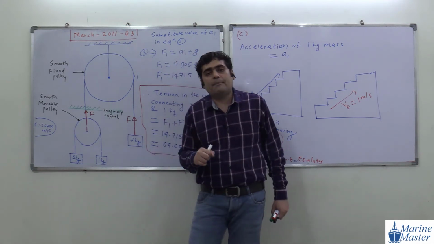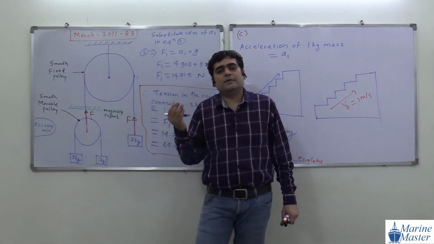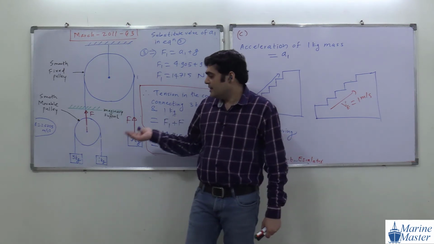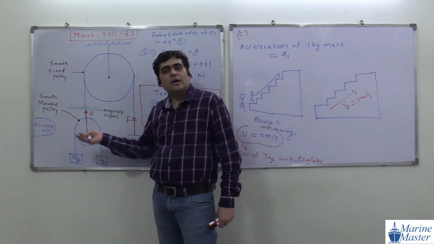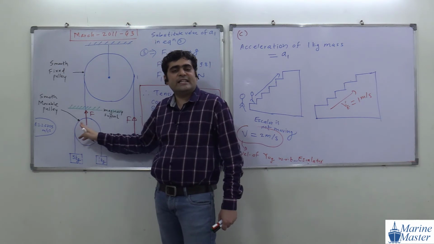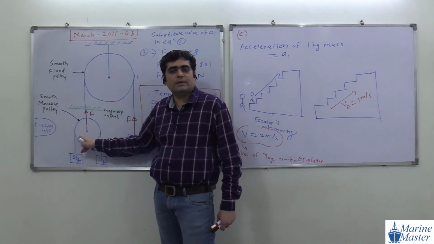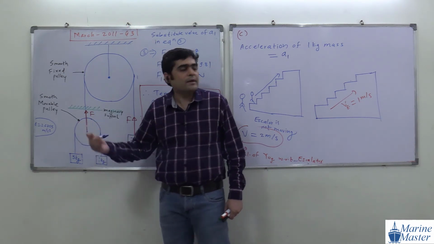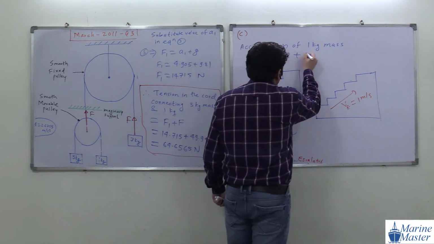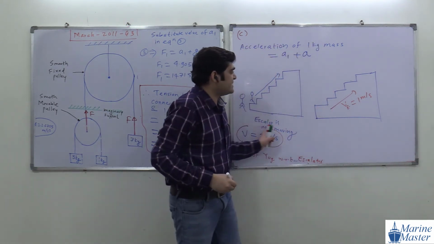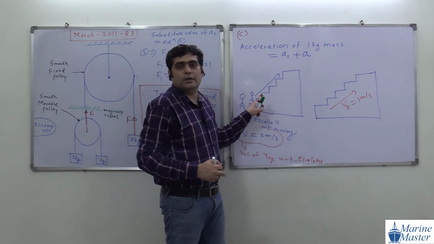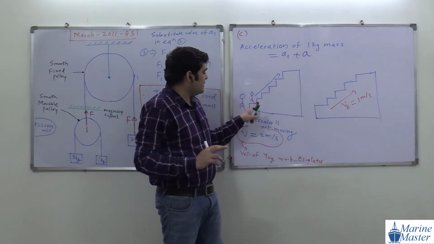But actually the movable pulley is moving, and what is the acceleration we calculated for the movable pulley? A. So here the acceleration is A1 plus A.